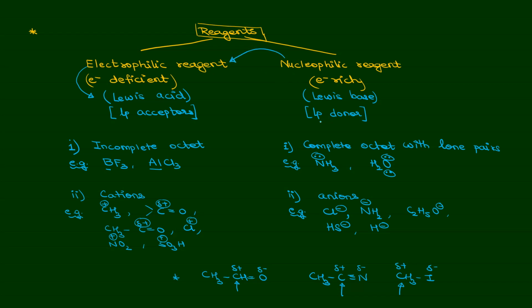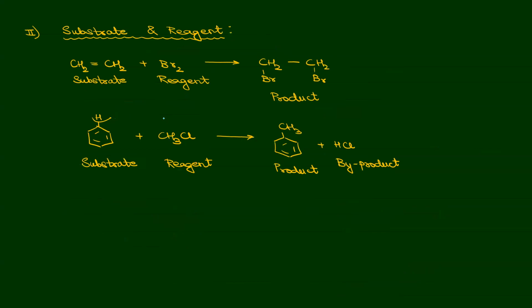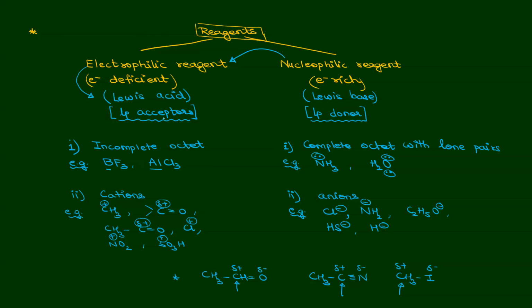So the transfer will always be from the donor nucleophile to the acceptor electrophile. So it's just a different way of naming them for the organic reactions. So this is the second concept with respect to substrate and the reagent.